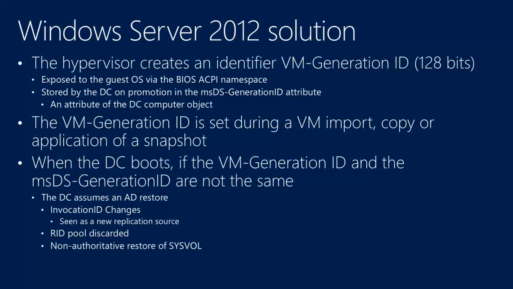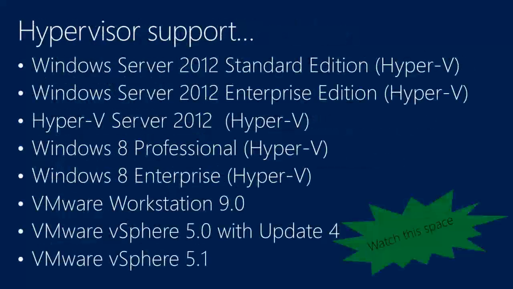So we could create another new user with the same RID. So it invalidates the RID pool, and then it says, well, hang on a minute, SYSVOL, I'm now non-authoritative for SYSVOL. So what it will do is it now waits to replicate SYSVOL in again. So everything is completely happy, and this gives you this capability.